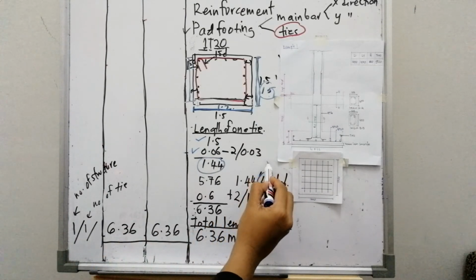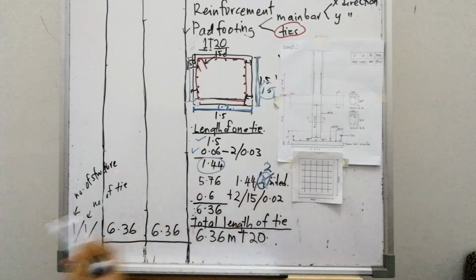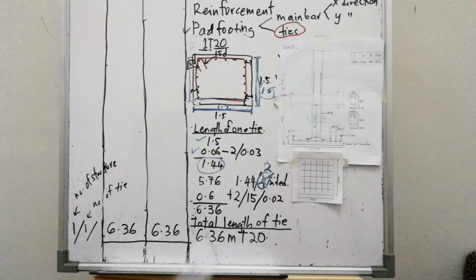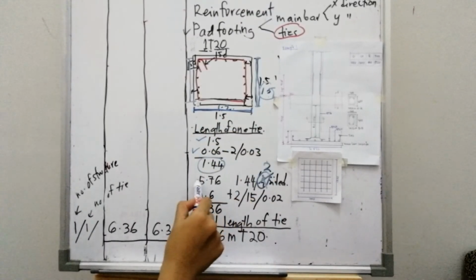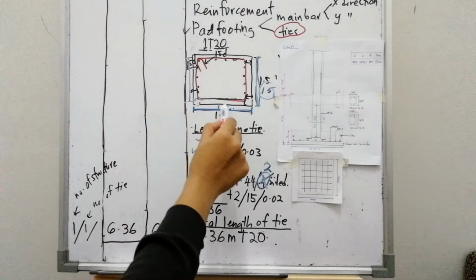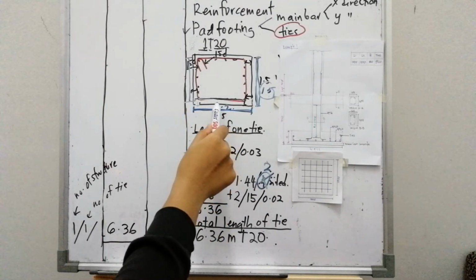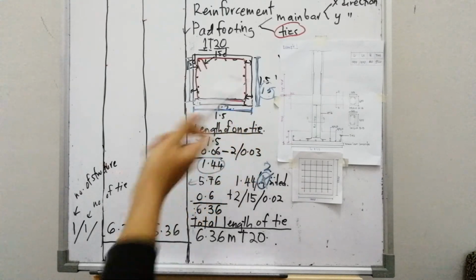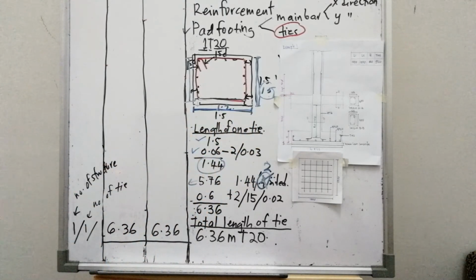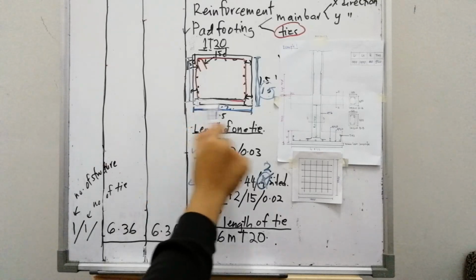So you write two-sided here, and you need to plus the other length. You calculate the length of the other side, which is 1.2 minus 2 covers, multiplied by two-sided, and you total up both values.